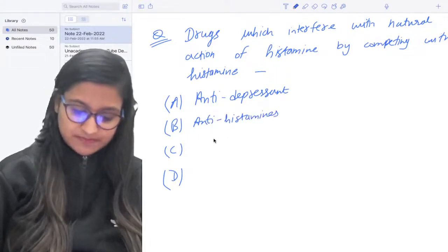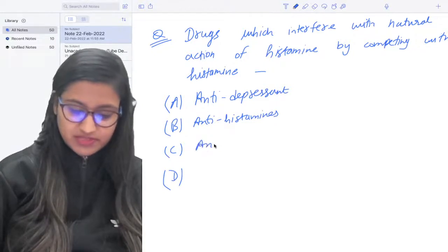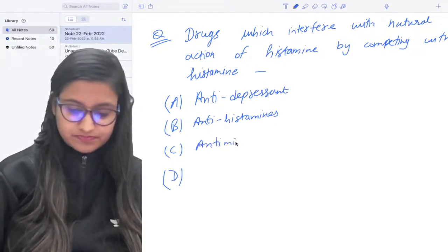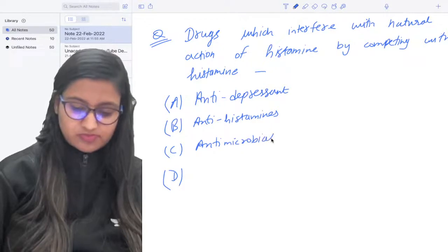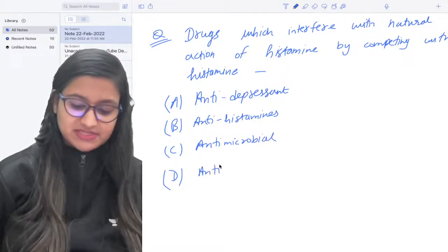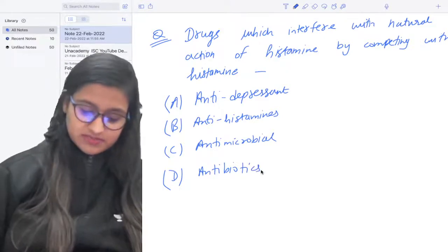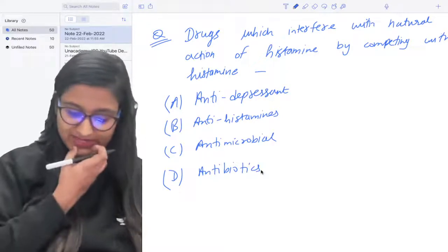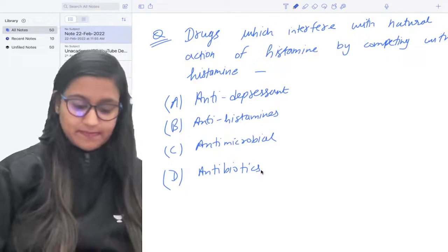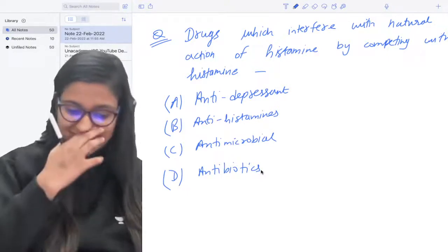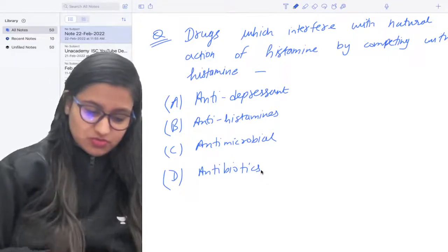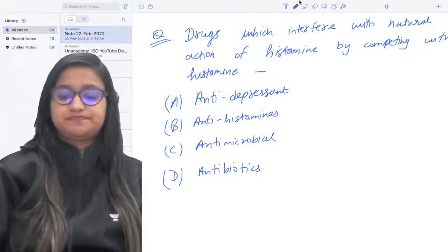Option number C, antimicrobial. या option number D, antibiotics. Take a moment and let me know the answer. Fast, guys, please let me know what is the right answer.